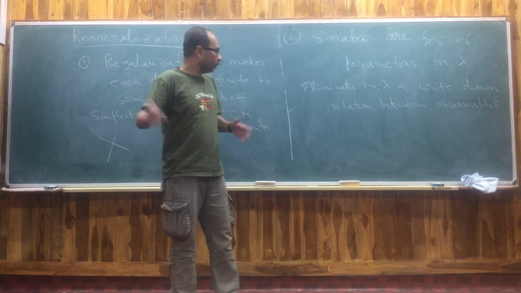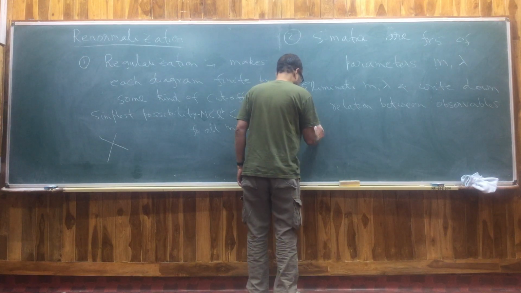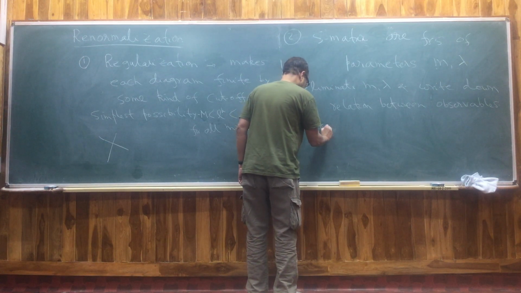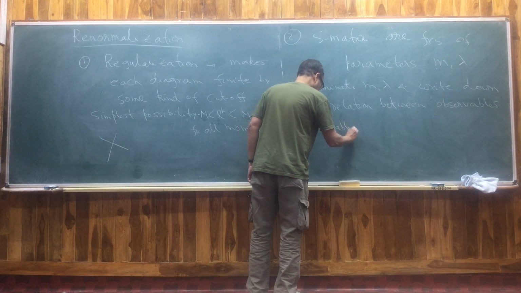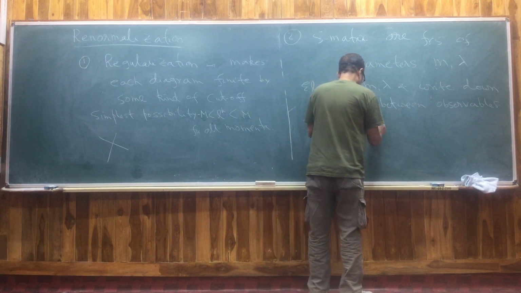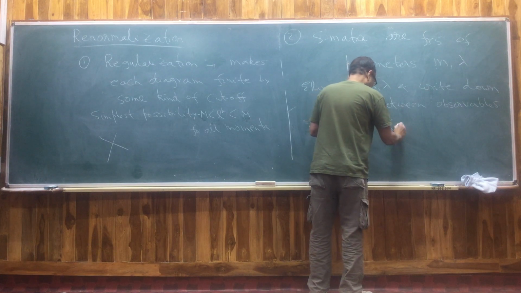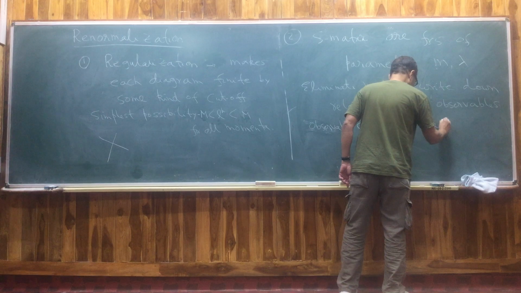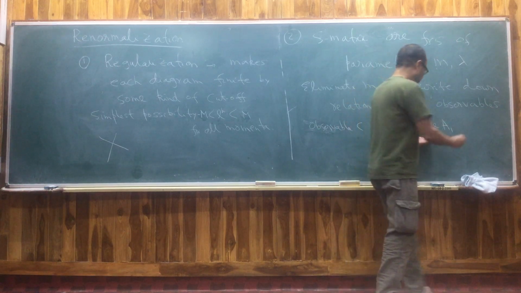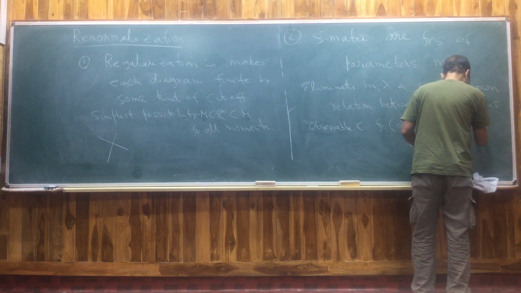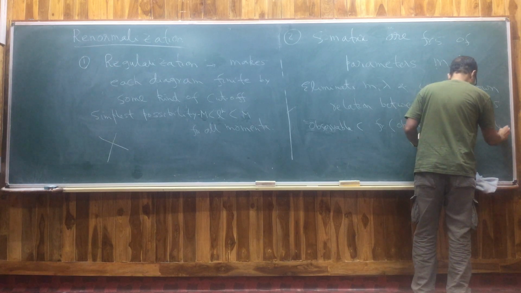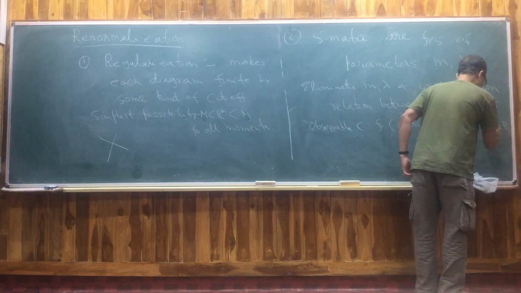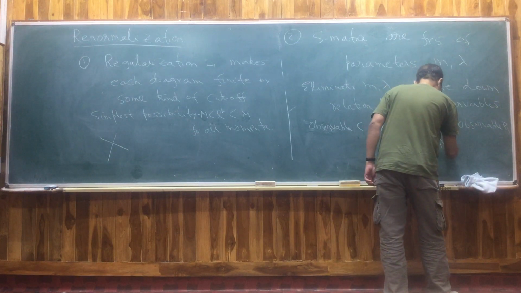So the point is that a physical observable, observable C, is equal to some function of observable A, which could be the physical mass, observable B, which could be the physical 4-point coupling from the S matrix, and M.